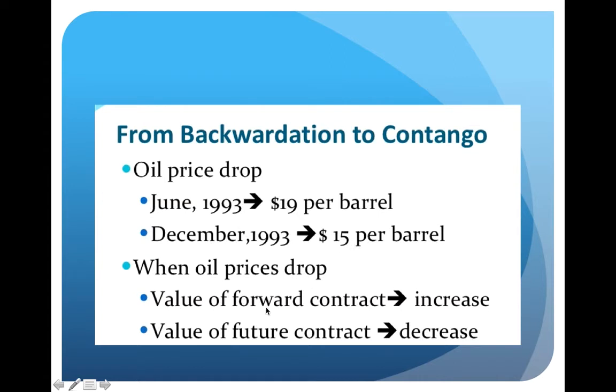They had a short forward contract which increased in value when the price dropped, and they had a long futures contract which decreased in value because the price dropped. Because of the margin requirement and transparency, everything was coming out to the public that they were losing millions of dollars. So at some point, when they had lost $1.8 billion, they pulled the plug.